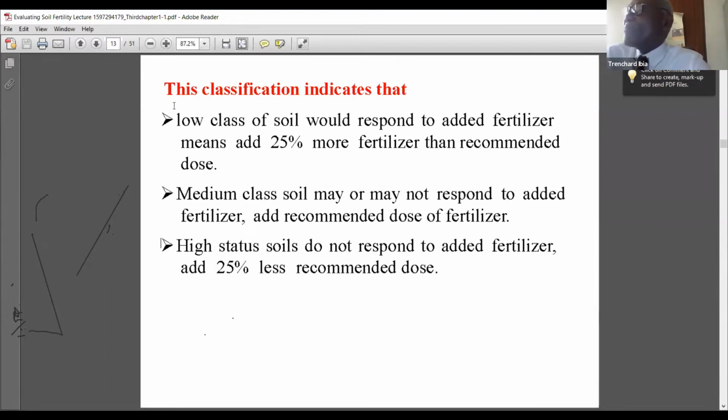If you have medium range, you may not need to add because the response may not be there. If you have high range, you need to reduce the fertilizer addition to make economic sense. Next slide, please.